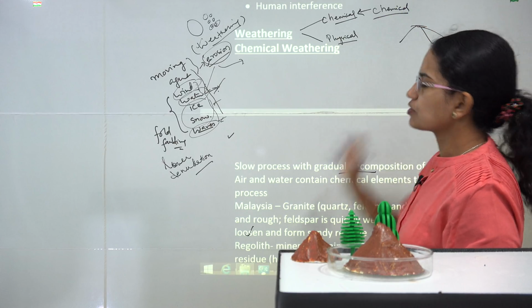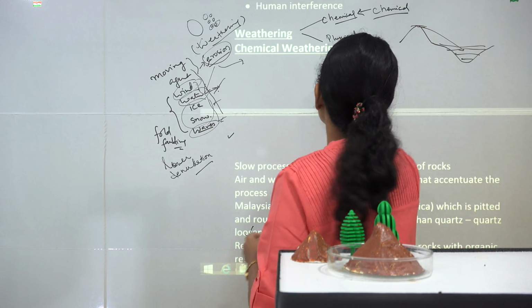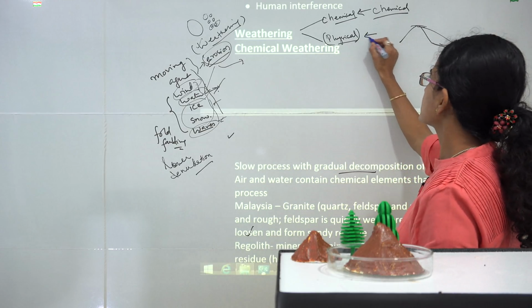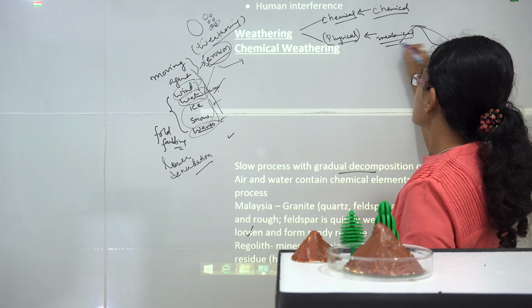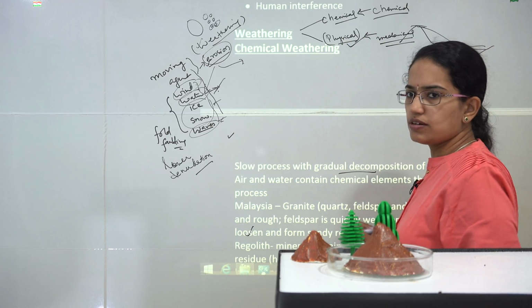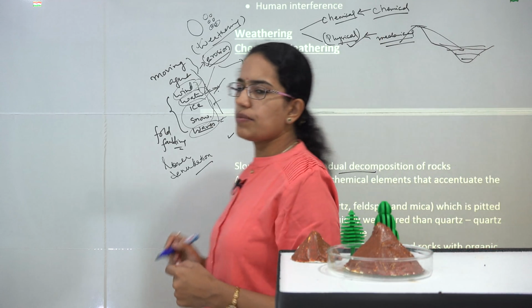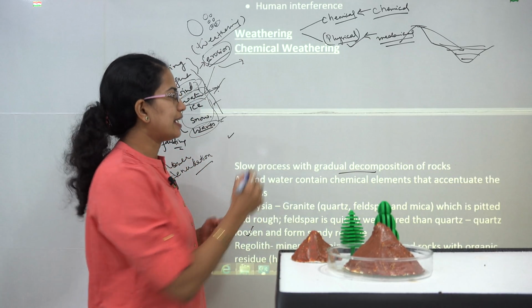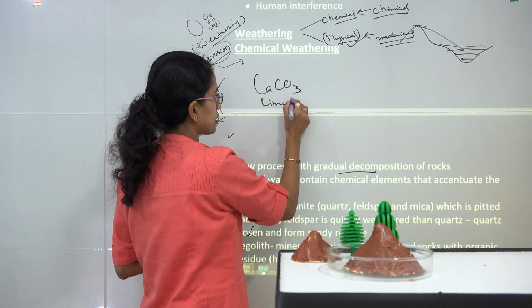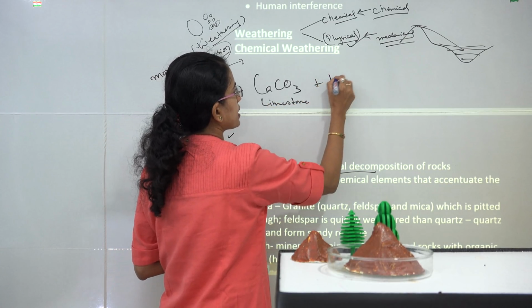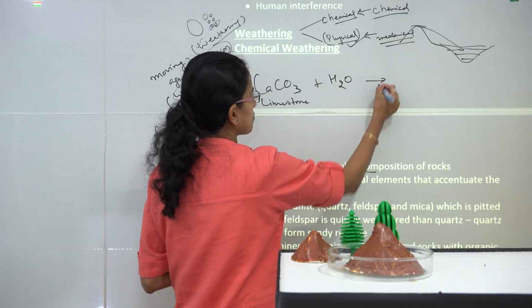There are various types of chemical weathering which we will talk about, and physical weathering is due to the mechanical or physical action that is seen. So when we talk about chemical weathering, let's say if it is a calcium carbonate rock, mainly a kind of limestone topography, if water reacts with calcium carbonate, what would it form?